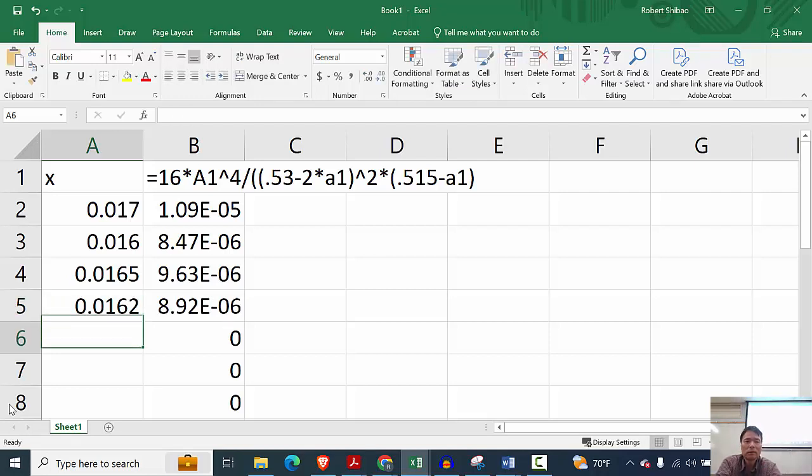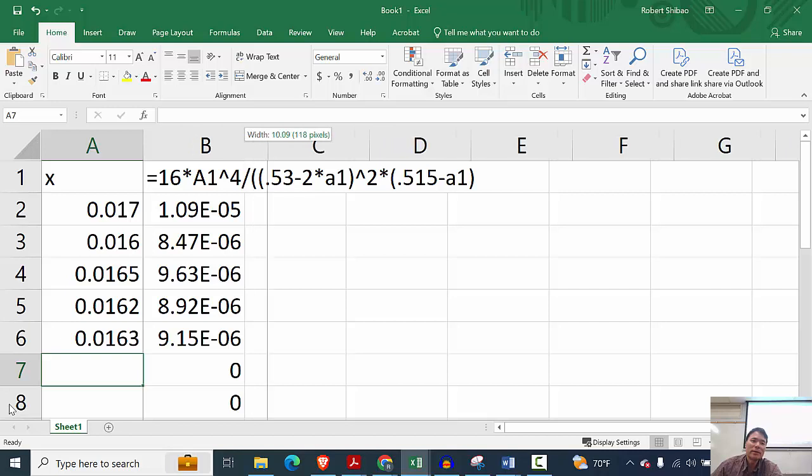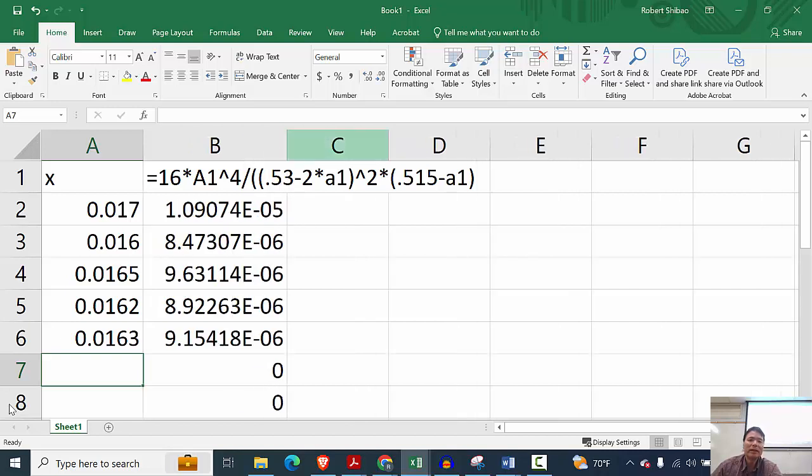0.0162? Too small. 0.0163. Oh, almost. We just need some more. We need it to round to 9.14, excuse me. So give me another one.